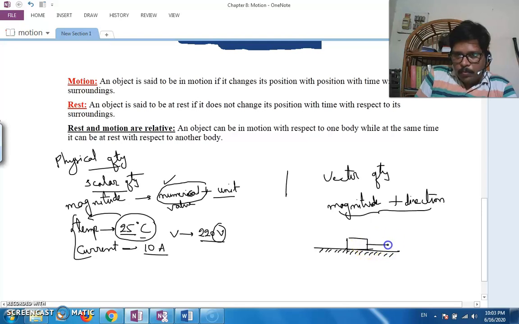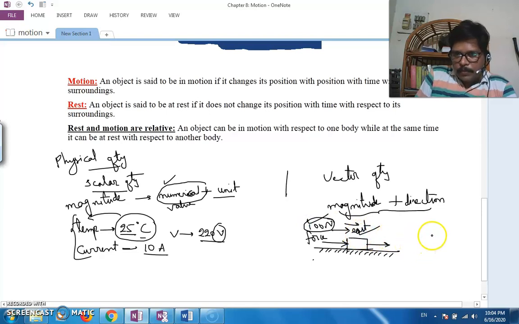Now I want the mass to move in this direction. In order to make it move in this direction, I need to apply some force. Since my aim is to make it move in this direction, I'm going to apply the force towards the east direction. So 100 newtons of force. This will be the magnitude of the force along with the direction. So force is a vector quantity, with magnitude as well as direction.